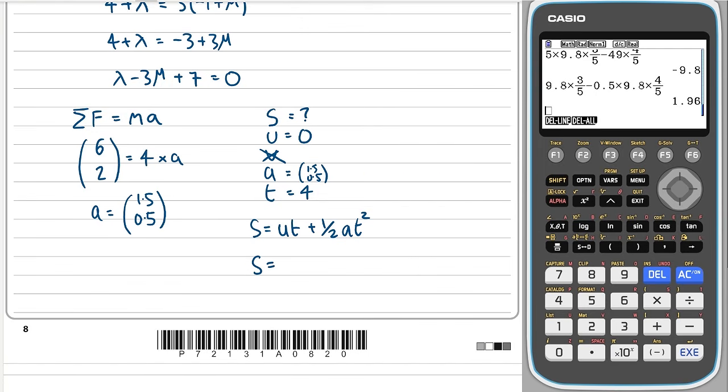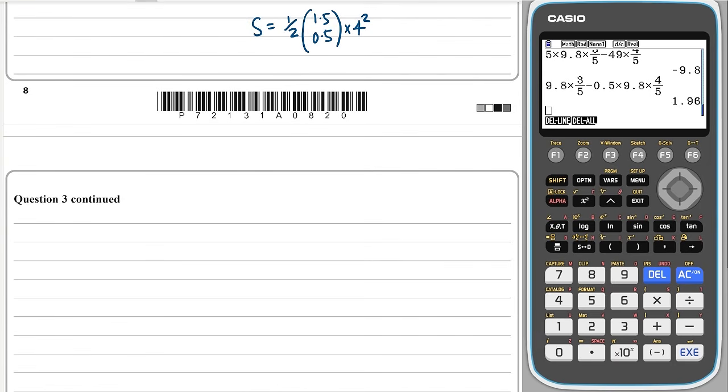Now U is 0, so the UT part we don't use. A half times by the acceleration of 1.5, 0.5, times by T, which is 4 squared.